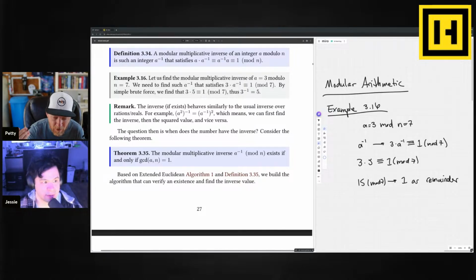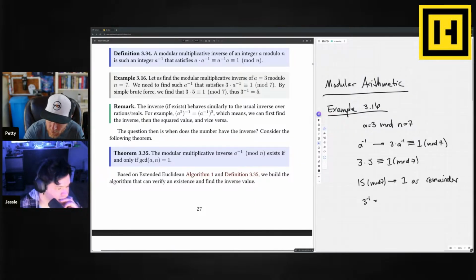So I don't understand what the thus means. How do we get to 3 inverse equals 5? How does that work? Because 3 times 5.